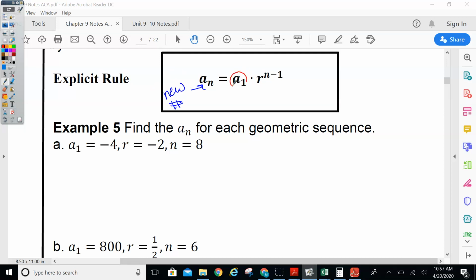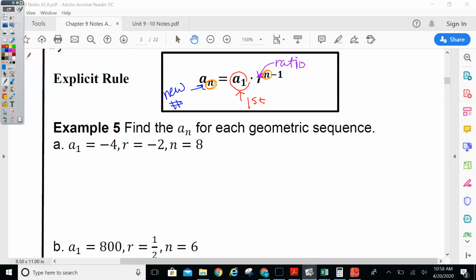The 1 in the front is the first number in the sequence. The r here is the ratio between them. And the exponent's always going to be n minus 1. So this n here is the same thing as this n here, so you can just plug it straight into the formula.